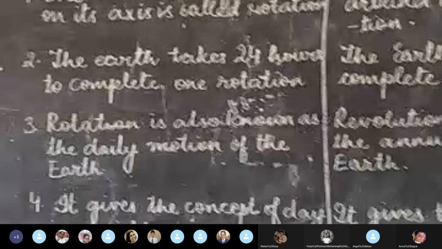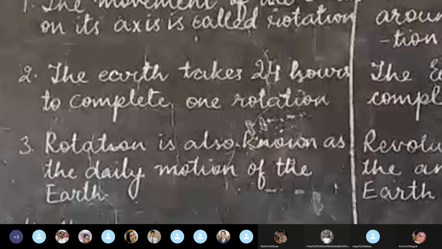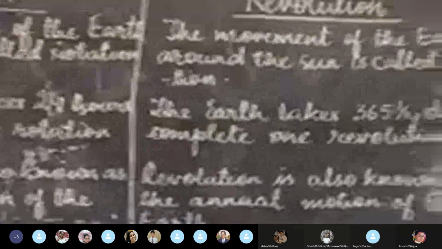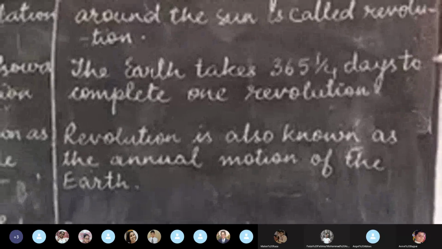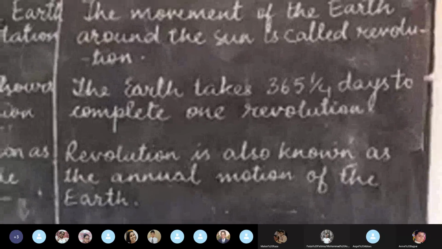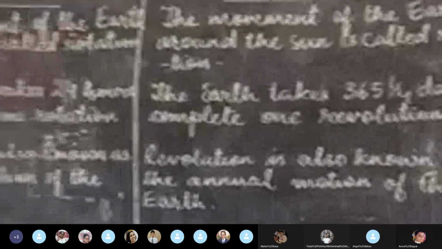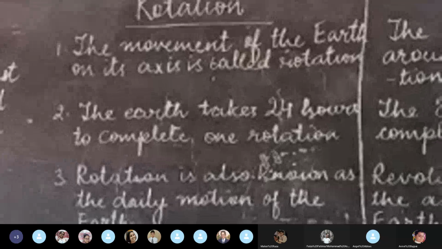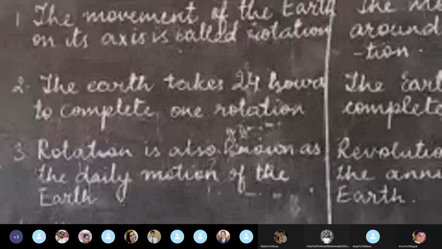The movement of the earth on its axis is called rotation. First point. Then moving to the revolution, first point. The movement of the earth around the sun is called revolution. Second point. The earth takes 24 hours to complete one rotation.